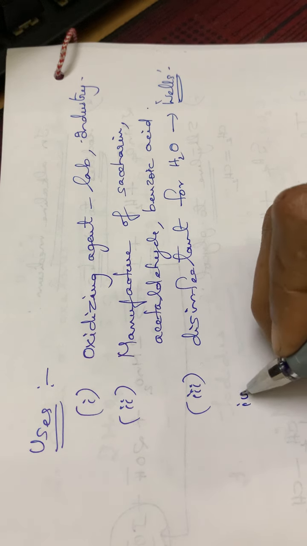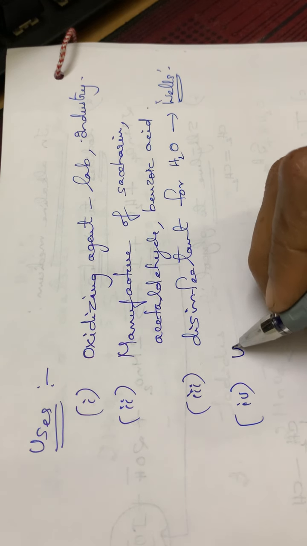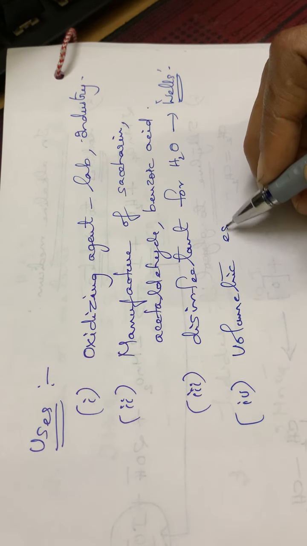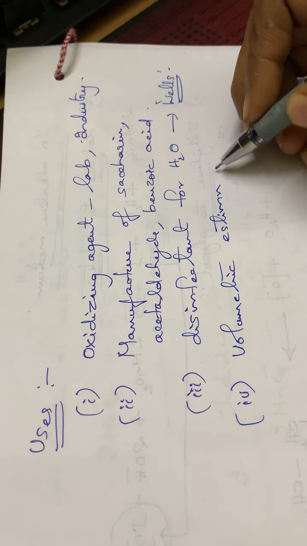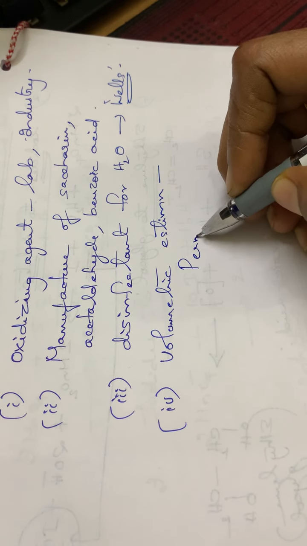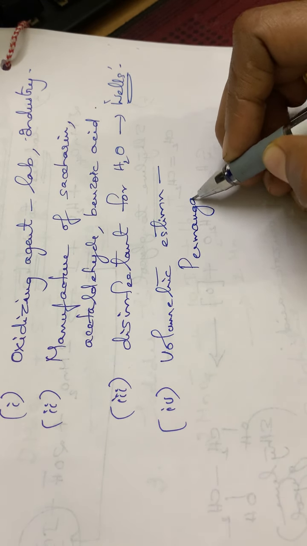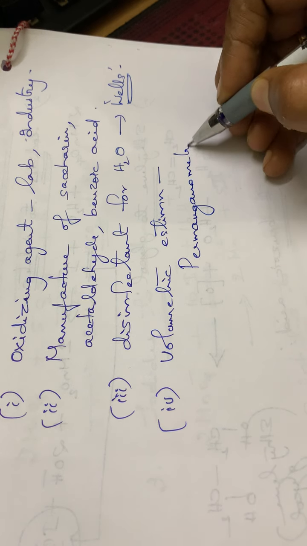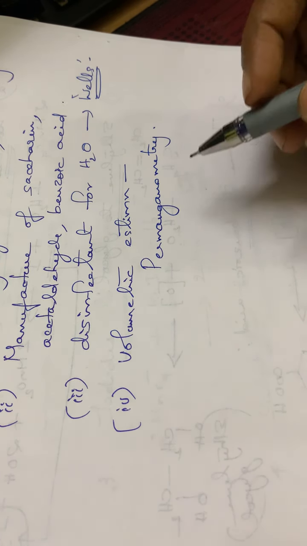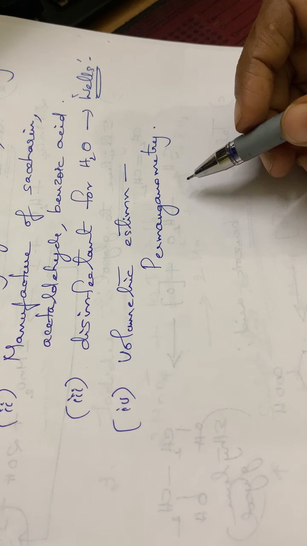Then the fourth use, for volumetric estimation we use permanganate. This estimation using potassium permanganate is called permanganometry, isn't it?